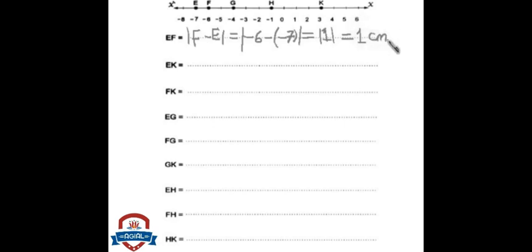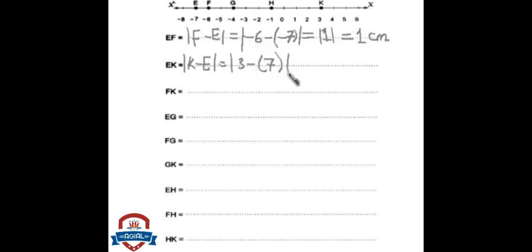Now try to find the distance between E and K. To find the distance, we have to find the length of line segment EK. The length of line segment EK equals the absolute value of K minus E. K equals 3 and E equals -7.